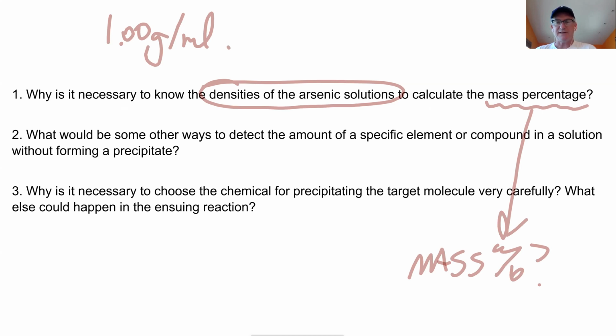Yeah, you have to know the density of the arsenic solution to calculate the mass percent. Why? How come? Man, it's going to take a long time if we're just going to wait for you guys to answer.